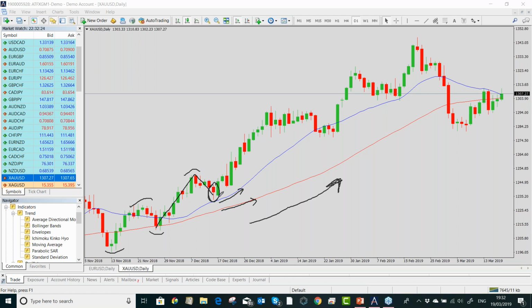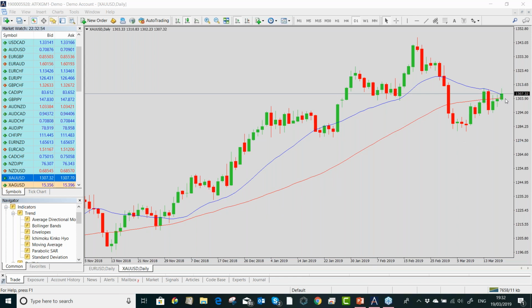Then we see this candlestick pattern here, which is a rejection of this level in association with the moving average here. We can start to see, and also here, these aren't perfect, but we can see that we do have these small body, long tail candlesticks here. So we can start to put this together into building a trading strategy.